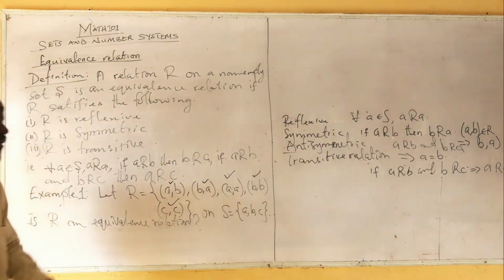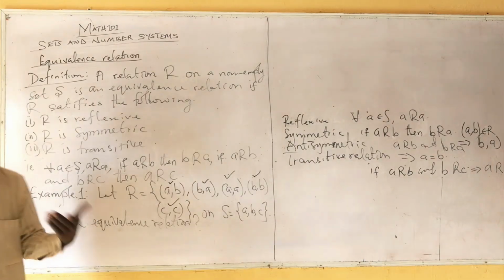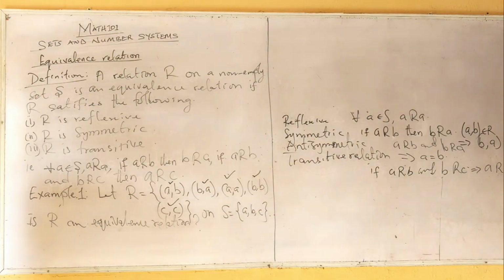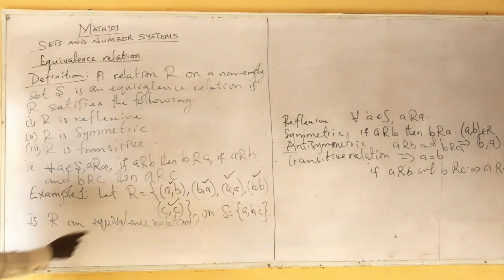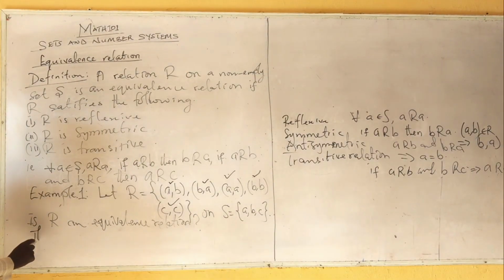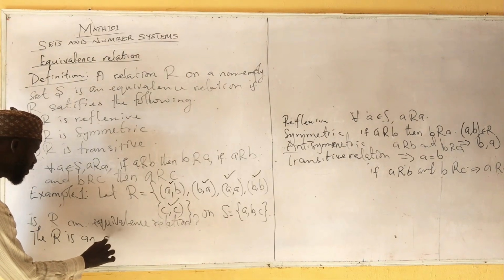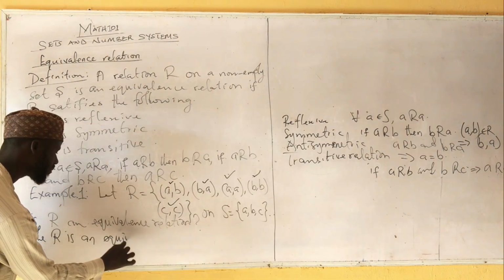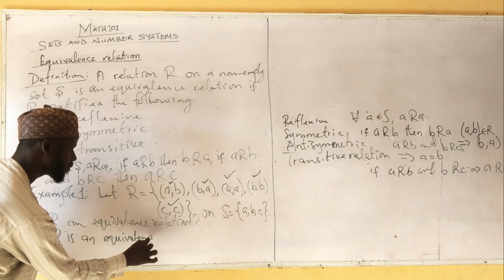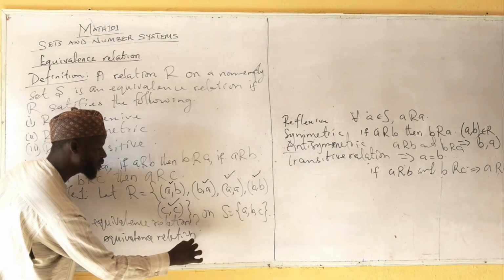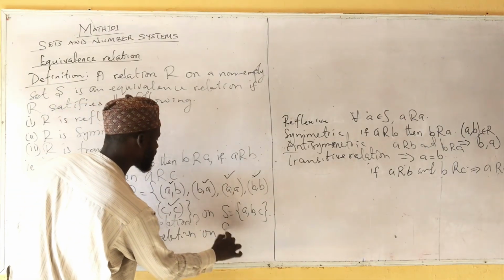We don't need to check further. So the relation is also transitive. And so the relation R is an equivalence relation. So we can answer the question now. Say the relation R is an equivalence relation on the set S.